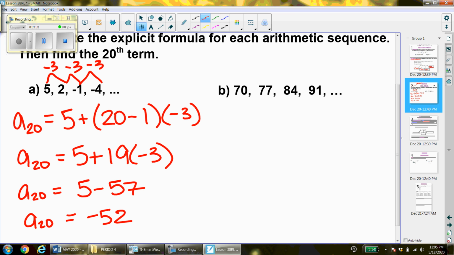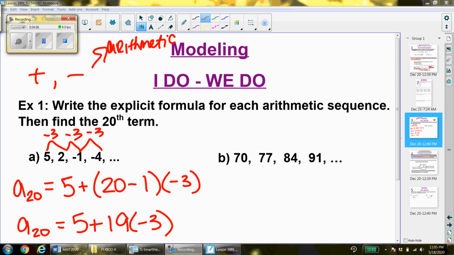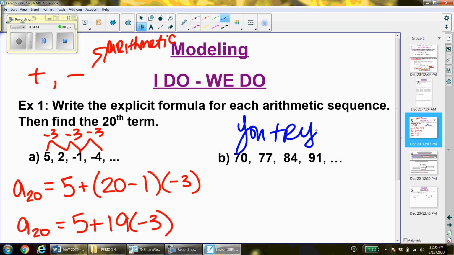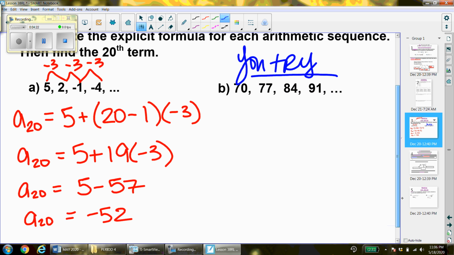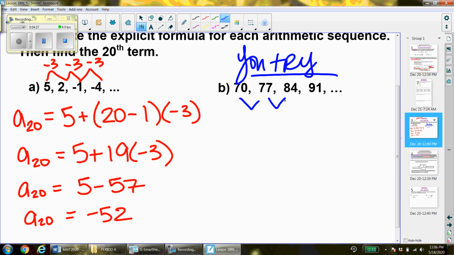All right, so we have part B, which is your you try. You're going to do part B on your own, the same way I did part A. Figure out how they got from 70 to 77, 77 to 84, 84 to 91.